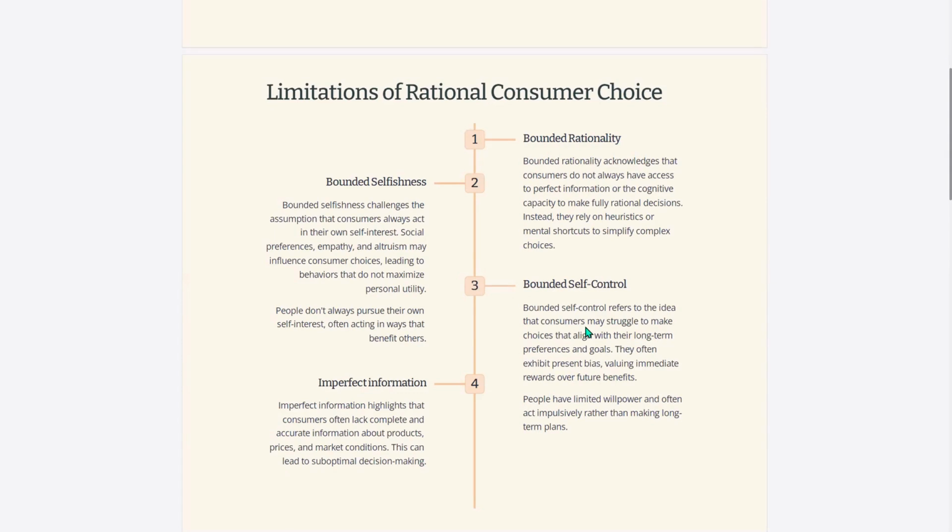There is a possibility that I want a new car. My budget was, let's say, to buy a Skoda, but I end up buying a Mercedes because I'm in self-control.